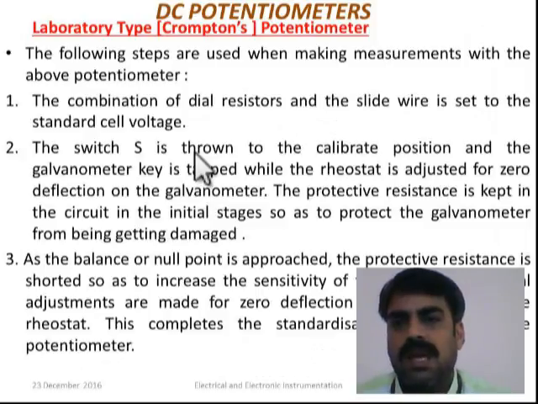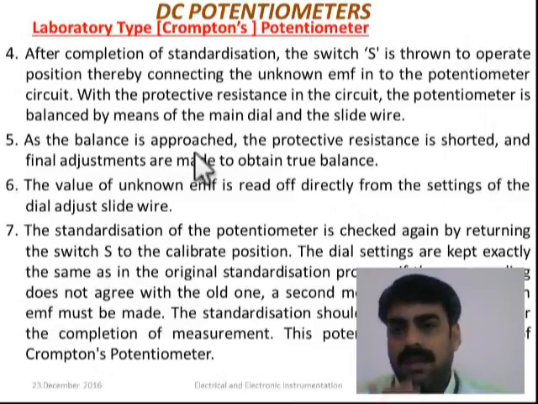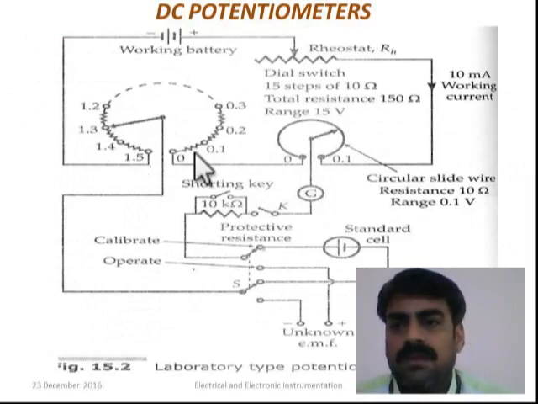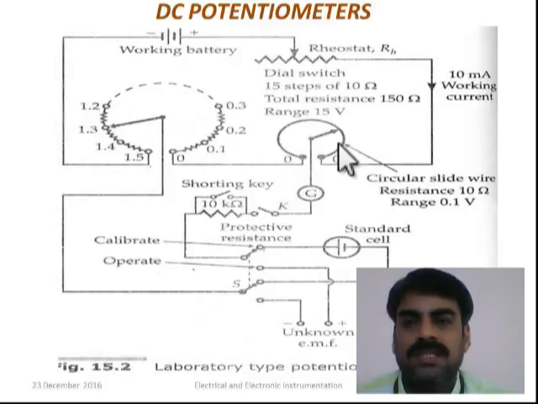There are fine divisions, so we can read voltage values very accurately. We have taken the standard cell voltage as 1.0186 volt. If you want to set that here, in the main dial we have to set the switch at 1, and for the remaining part we have to set 0.0186 in the slide wire.